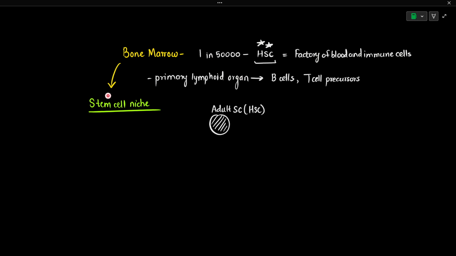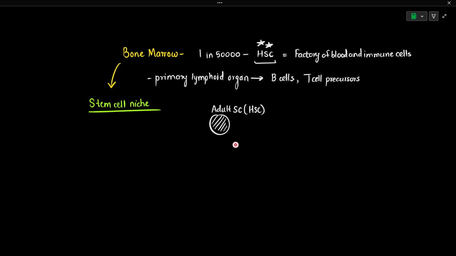In simple words, the stem cell niche is the specialized area which supports and controls the activity of the stem cells. This specialized area has cells known as stromal cells, which support and control the differentiation of those stem cells.